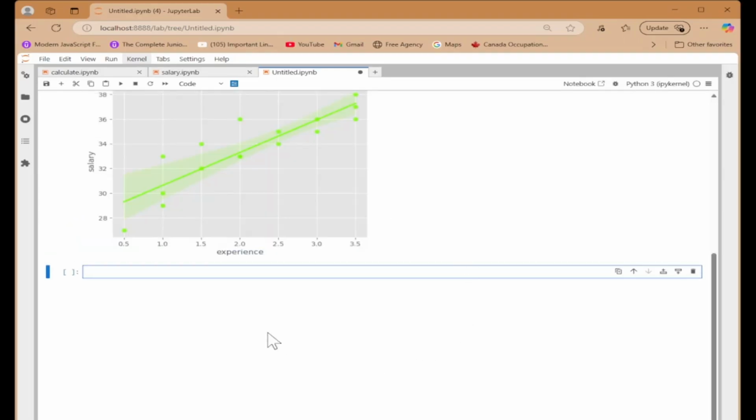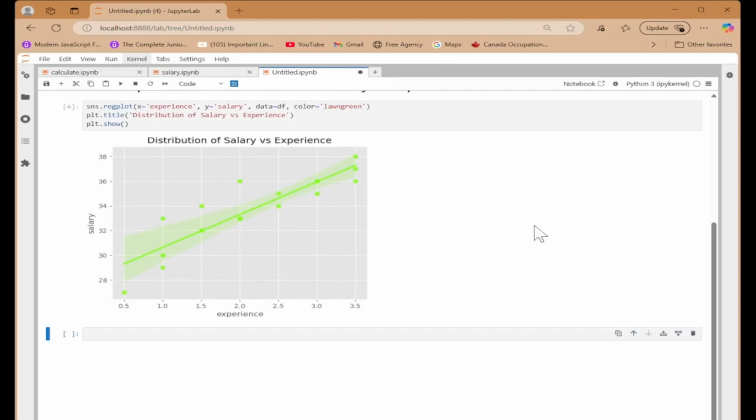See, you can clearly see here the scatter plot with salary versus experience. From this, it is very straightforward: the higher the experience, the higher the salary. See here, 3.5 years experience or more have the highest salaries, 38,000, 36,000, 36,000, 37,000, like that.